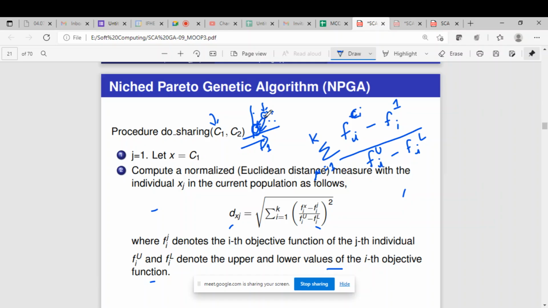In the first round, we are trying to identify the gap between the result C1 and the first individual. Similarly, in the second round, we identify the gap between C and the second individual. That is what it does, and it is normalized by the upper limit and the lower limit of that particular objective function.